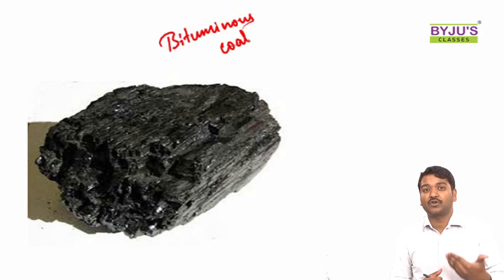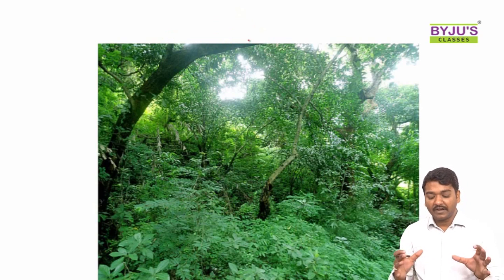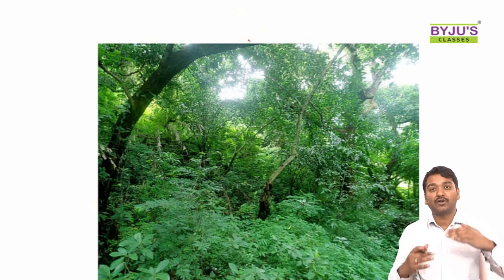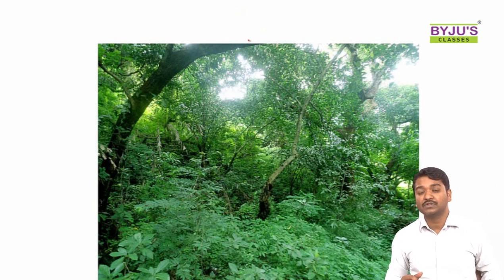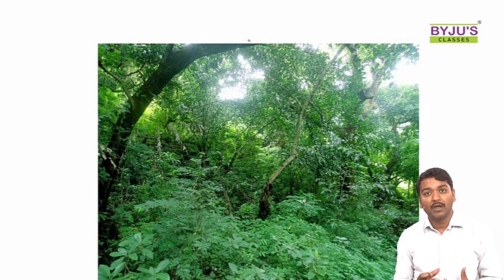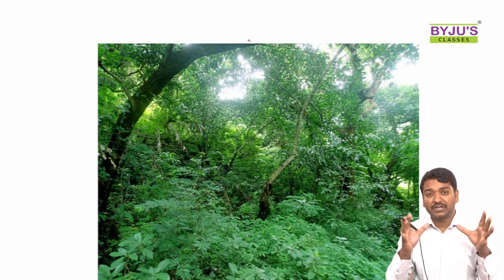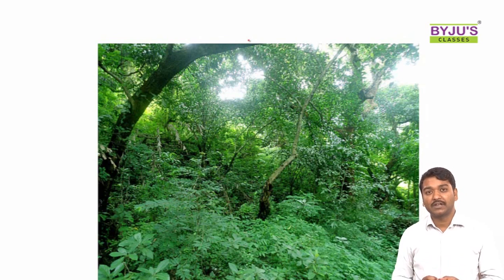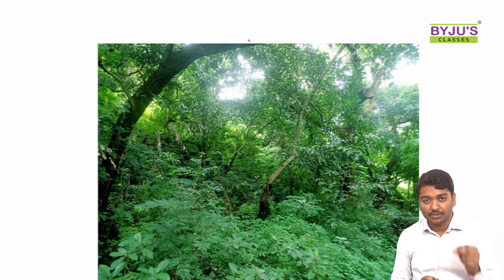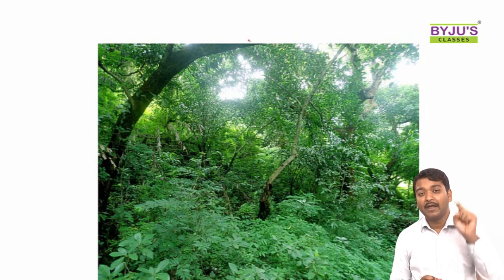Then only bituminous coal will form. That is, if thick forests are there, and if this forest had undergone continuous sedimentation process, then only you usually see the formation of bituminous coal. So that means wherever bituminous coal is present, there earlier you should have had good deciduous forest or equatorial forest. So wherever bituminous coal is present today, you should have had evergreen forest or deciduous forest before.